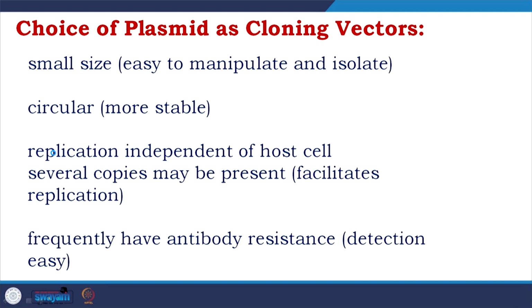Choice of plasmid as cloning vector: small size, easy to manipulate and isolate, circular, more stable, generally easy to handle, replication independent of host cell, several copies may be present, facilitated replication, and frequently have, sorry, it is not antibody, it is antibiotic resistance.